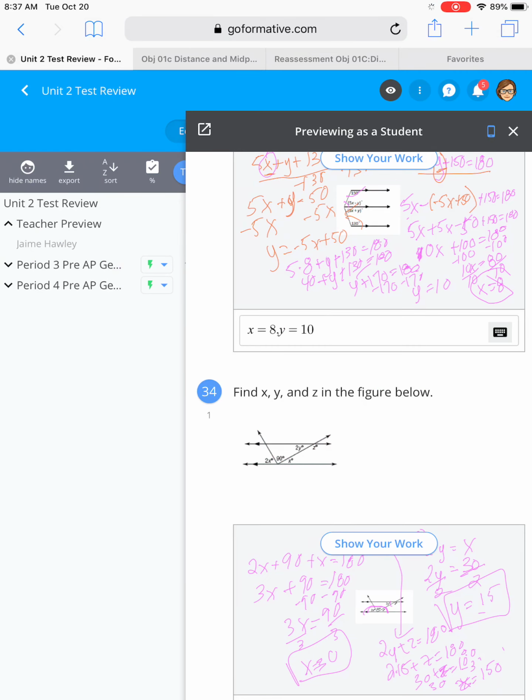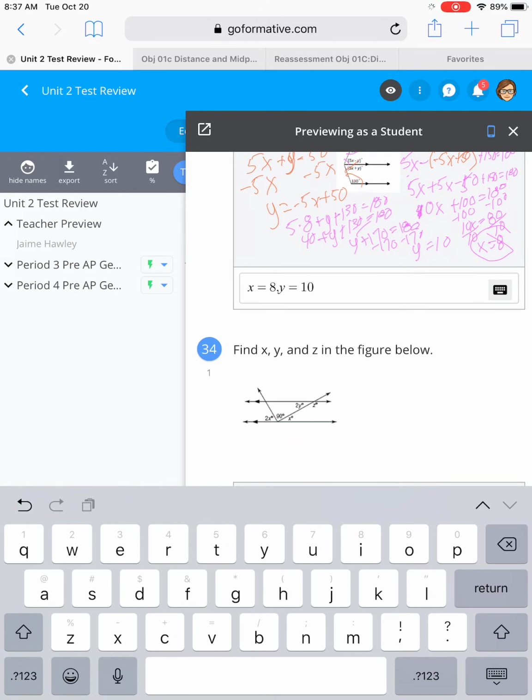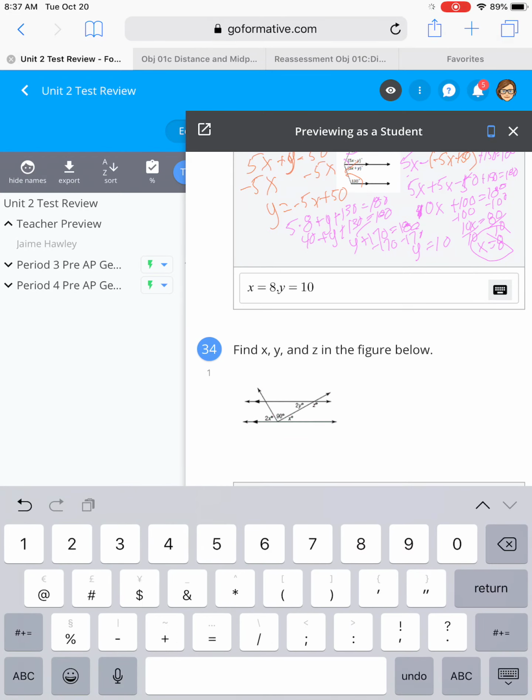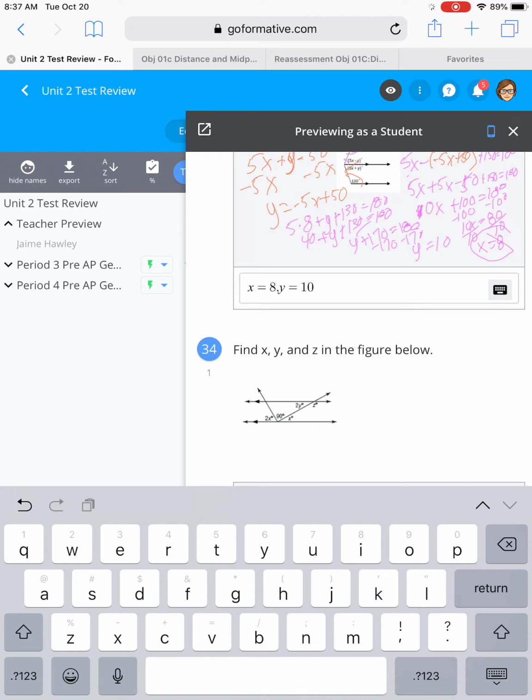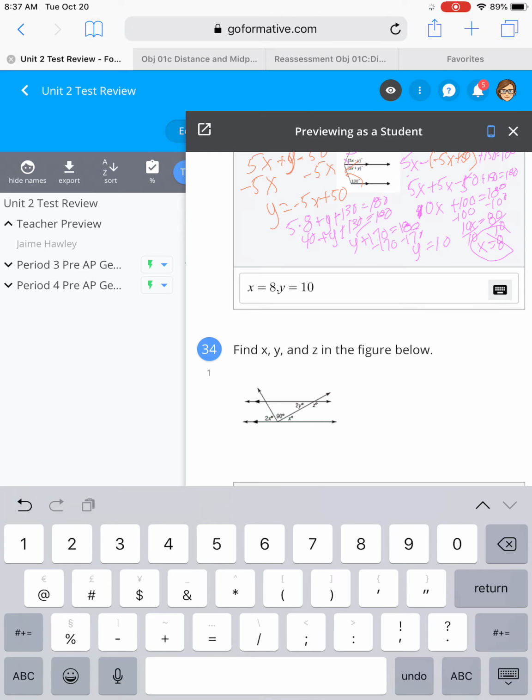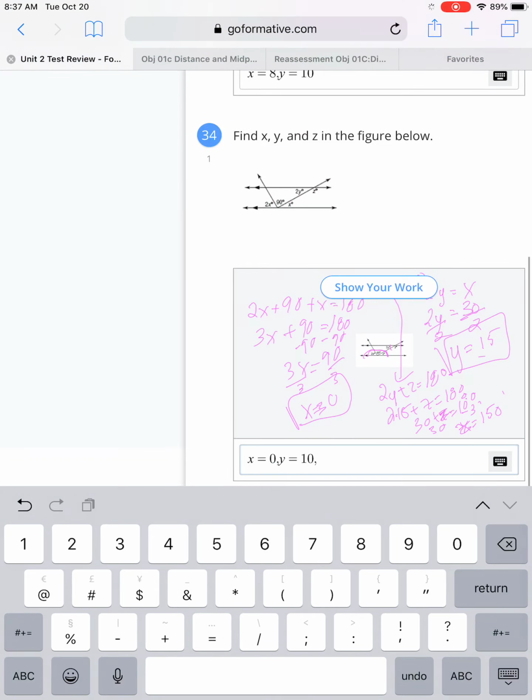X is equal to 30. Y is equal to 15. And z is equal to 150.